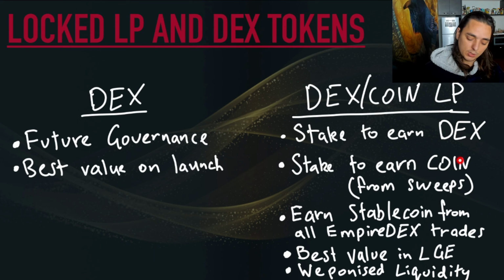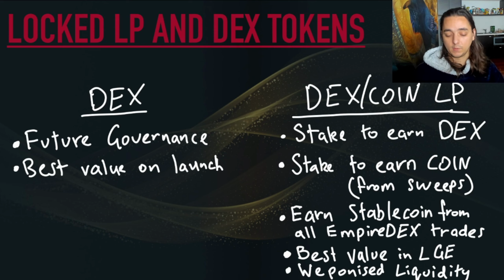You can stake it to earn coin. When we do those sweeps with weaponized liquidity, we'll allocate a little bit of that to the people that hold DEX coin LP. So you'll be able to stake and earn DEX, stake to earn the native coin for the blockchain you're on. And then one of the big features really is the stablecoin vault. Basically 0.05% of all trades on that network's EmpireDEX go to DEX coin LP holders.